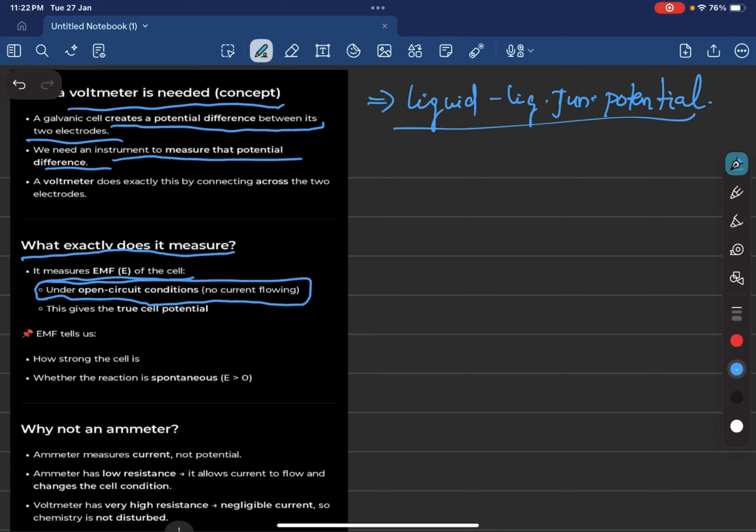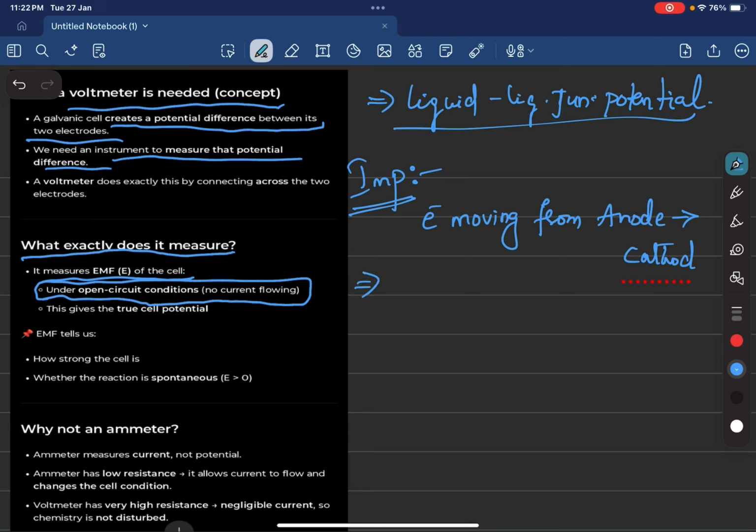Very important, a few points during this process. Electrons are traveling from which place to which place? Anode to cathode. Very important. When electrons move in this direction, current is in the opposite direction.